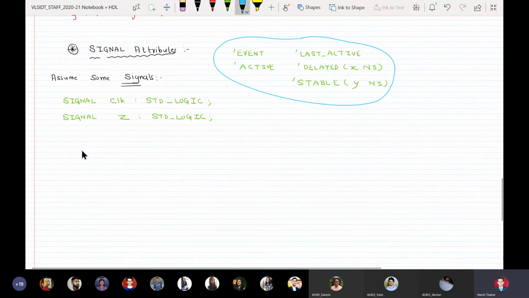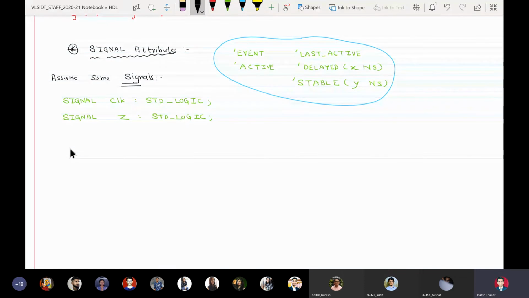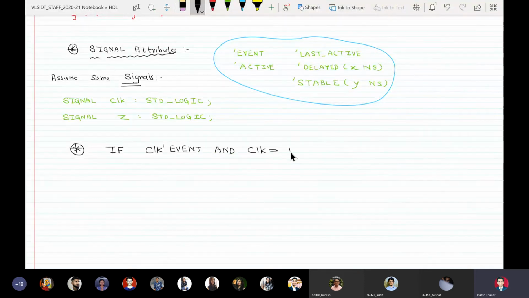Okay, so if clock tick event and clock equal to 1, then qtemp is assigned d in.